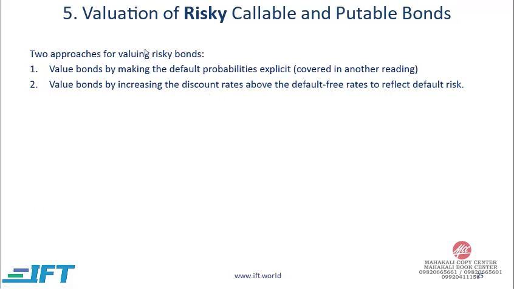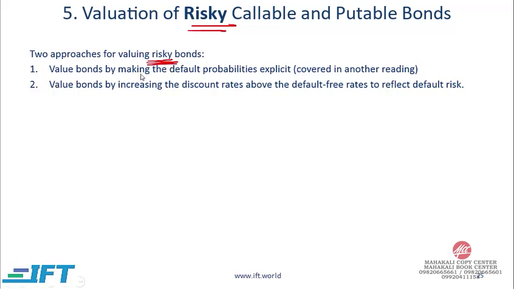So far we've talked about risk-free callable and puttable bonds. Now we move to the valuation of risky callable and puttable bonds. Broadly speaking, there are two approaches for valuing risky bonds. And here, when we say risky, we are referring to default risk.